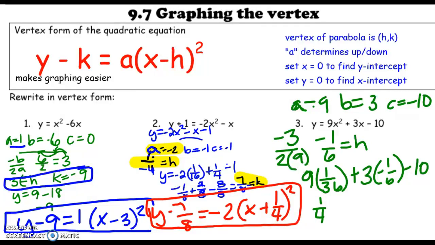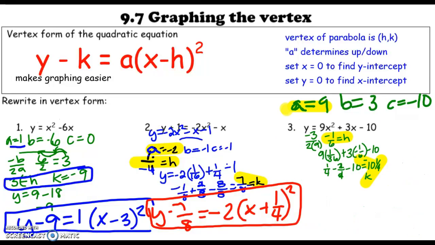And a negative 3 over 6 would become a negative 1/2, minus 10. So let's go ahead and find a common denominator, which would be 4. So I've got 1 minus 2, so that would become a negative 1/4, and a negative 10, which would equal negative 10 and 1/4, and that is my k.